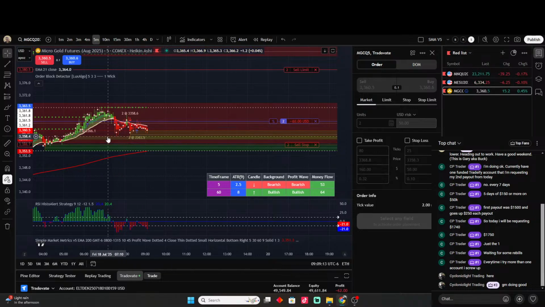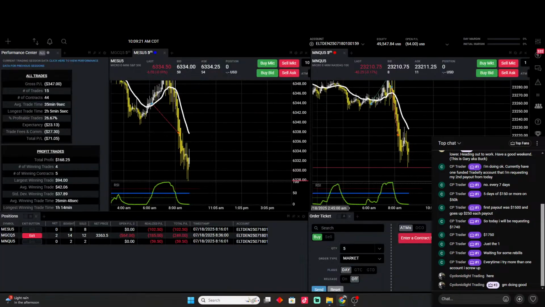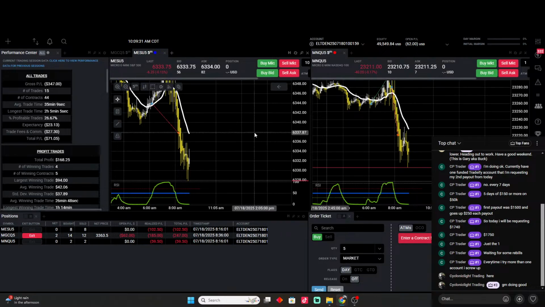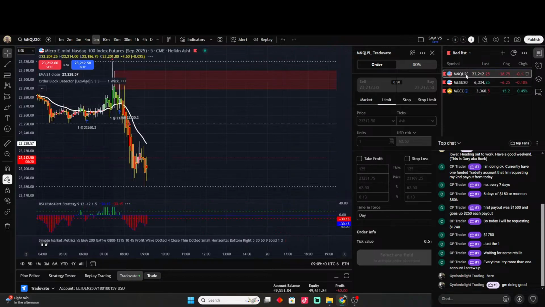It's hit that level twice and bounced pretty hard off of it. So just got to be patient here. Still not liking the ES and NQ situation. I don't think I want to buy those yet.